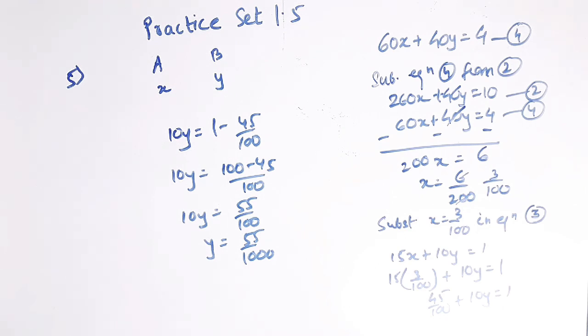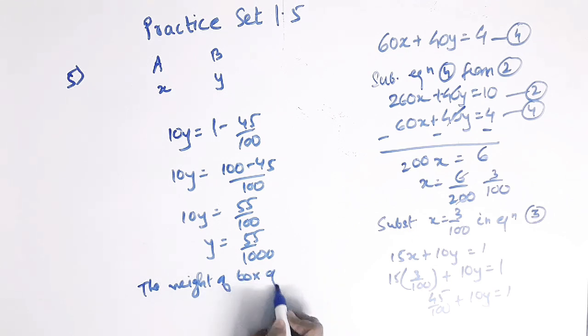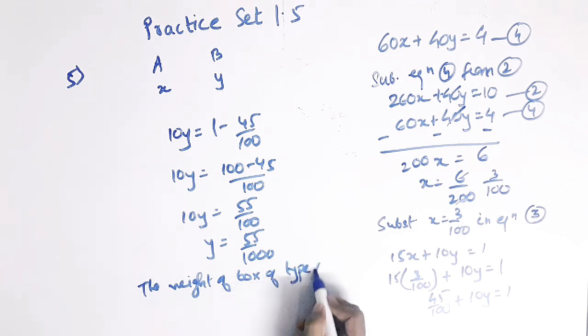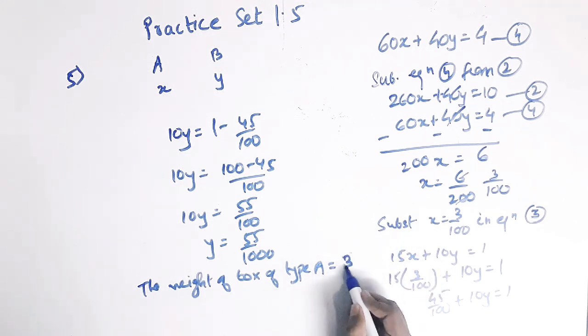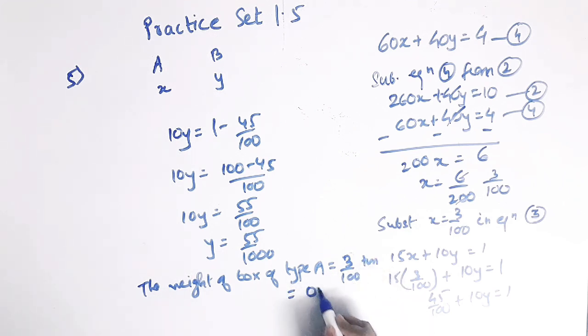Okay, so the weight of box of type A equals 3 upon 100 ton, that means 0.03 ton.